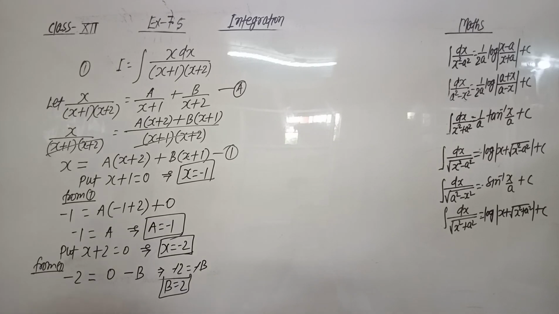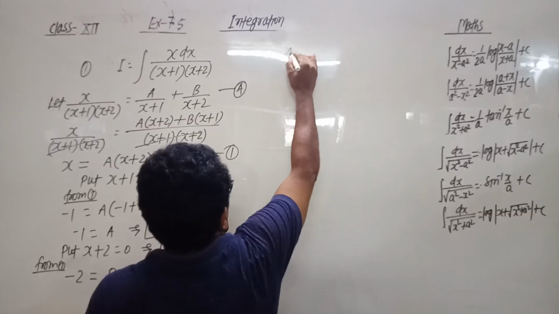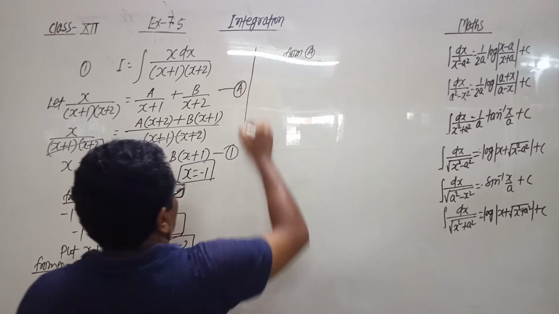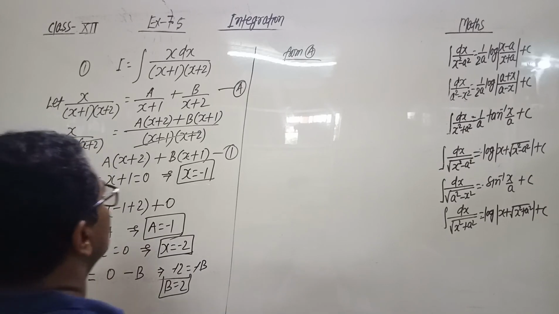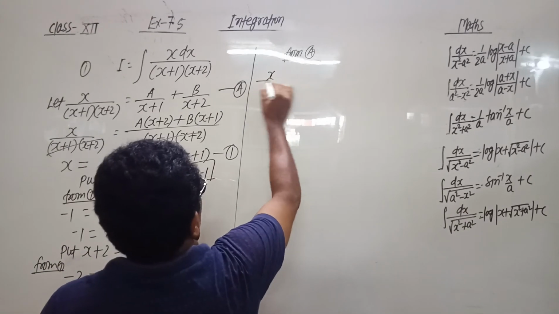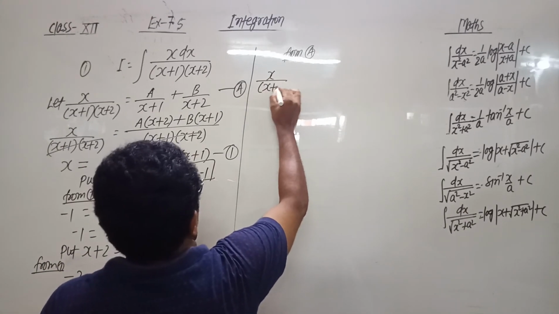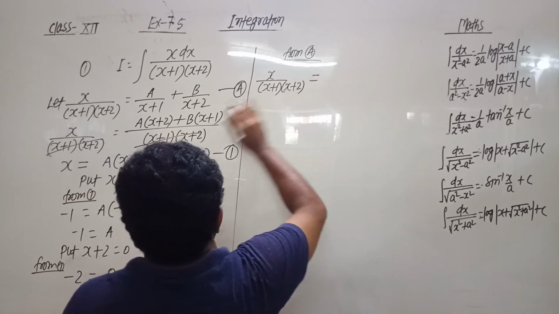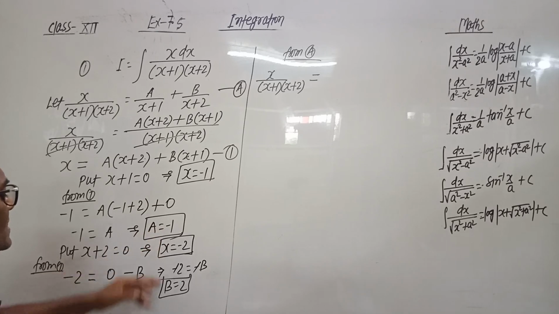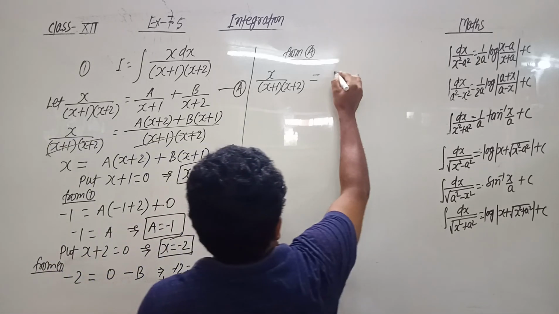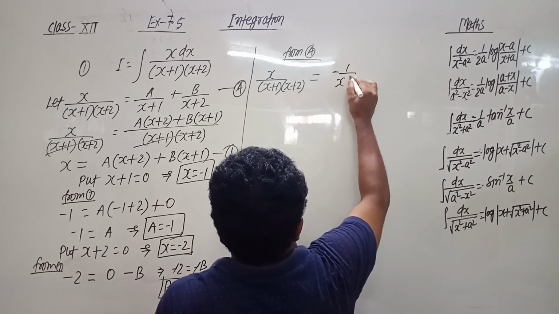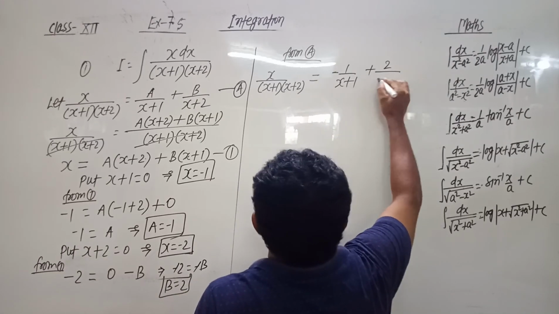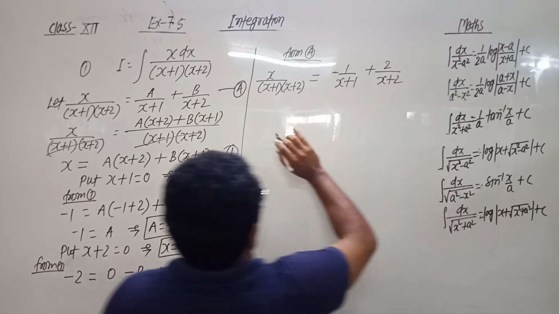So from equation number A, x upon x plus 1 and x plus 2 equals, the value of A is minus 1, so minus 1 upon x plus 1, and the value of B is 2, so 2 upon x plus 2.